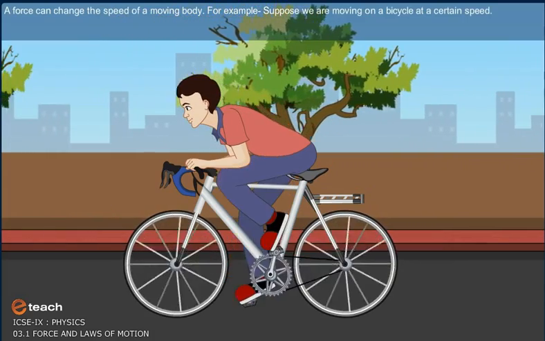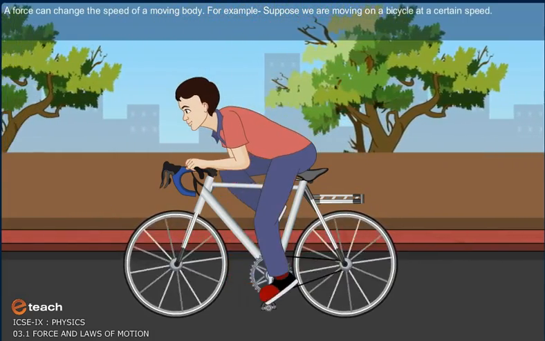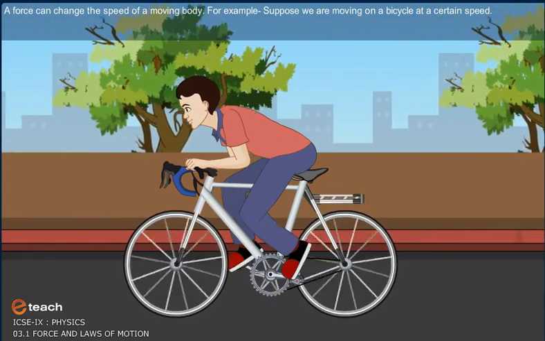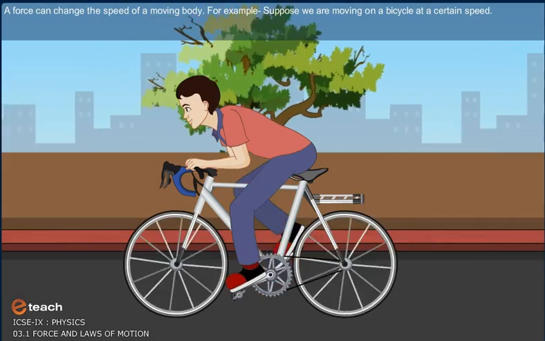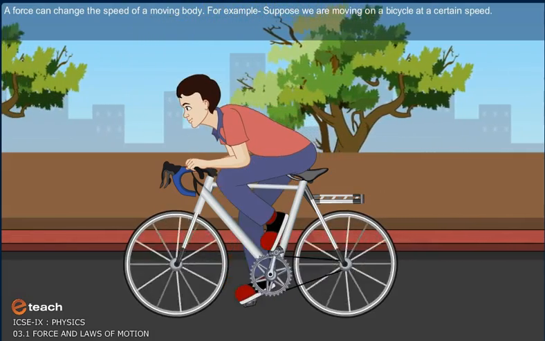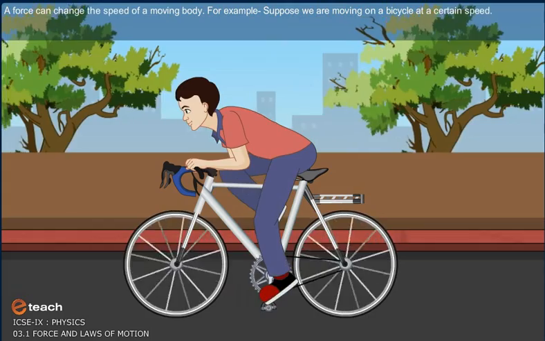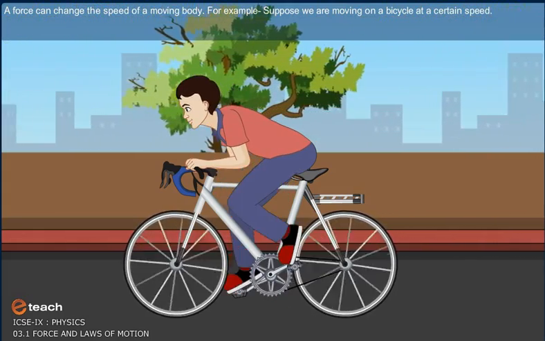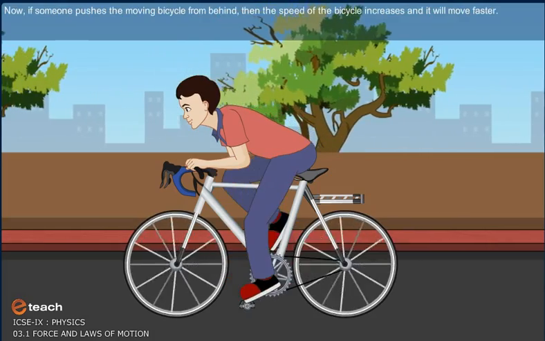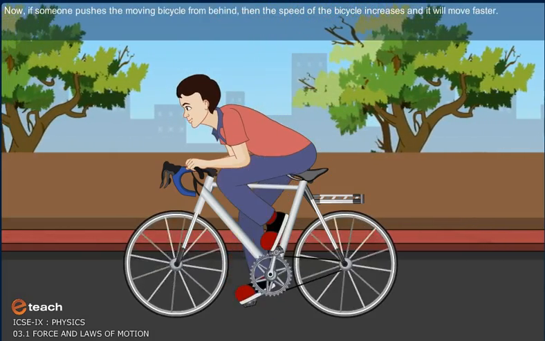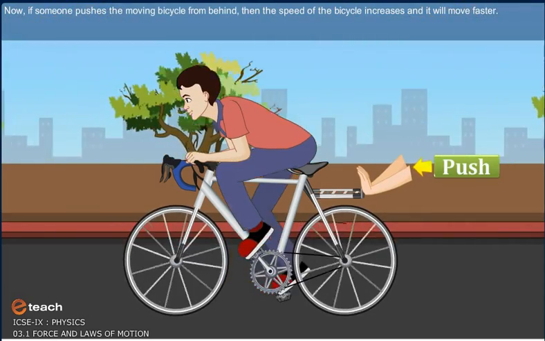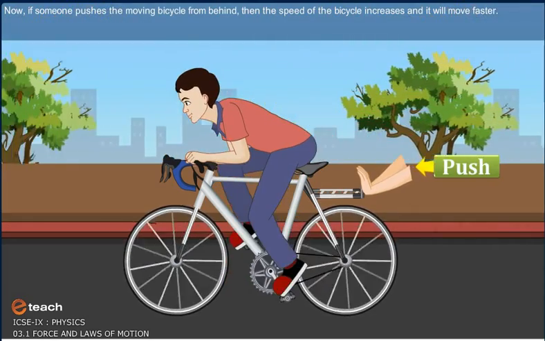A force can change the speed of a moving body. For example, suppose we are moving on a bicycle at a certain speed. Now, if someone pushes the moving bicycle from behind, then the speed of the bicycle increases and it will move faster.